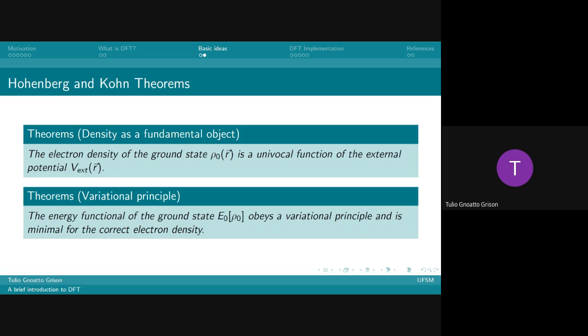The second theorem tells us that the energy calculated for any electron density other than the ground state density will always be greater than the energy of the ground state. Then, through the minimization of energy as a function of electron density, only the true electron density will be found as a minimum for energy.